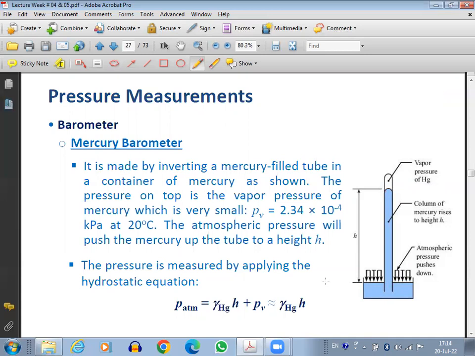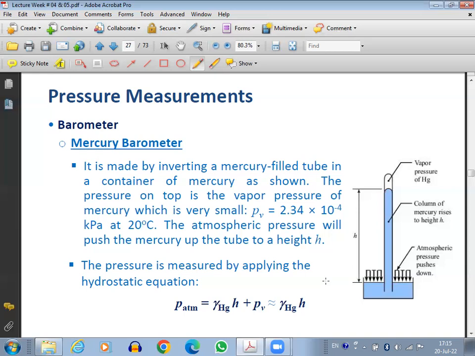So the instrument to measure pressure is the barometer. The instrument to measure temperature is the thermometer. We are using the Greek terms. In Greek, for heat it's thermo, for pressure it's bar, so barometer. Not because it's shaped like a bar.